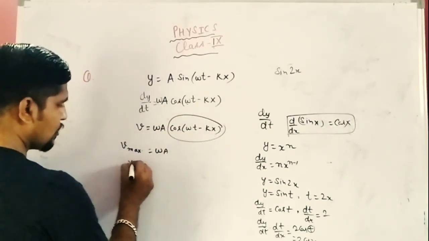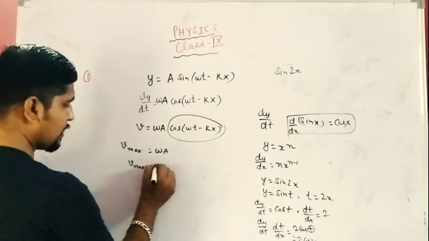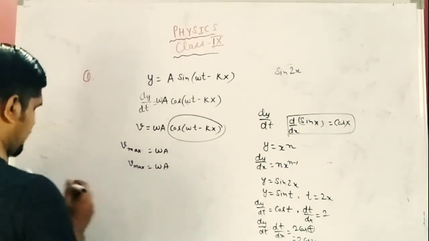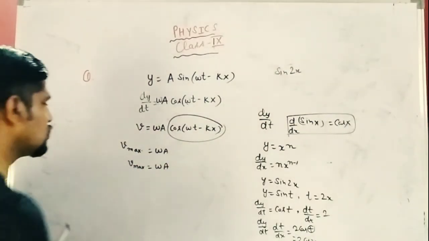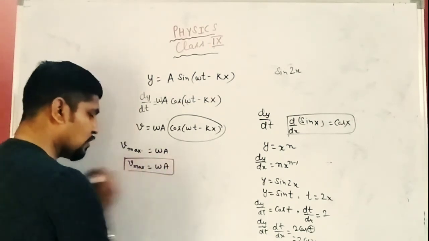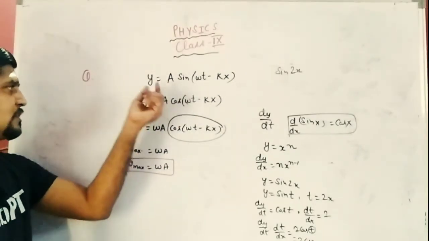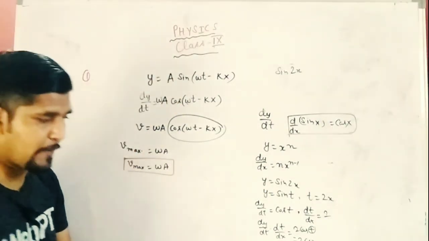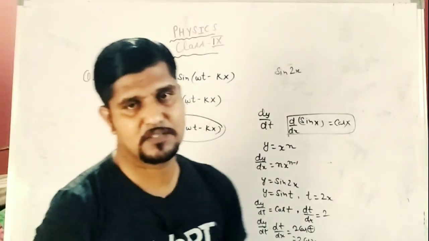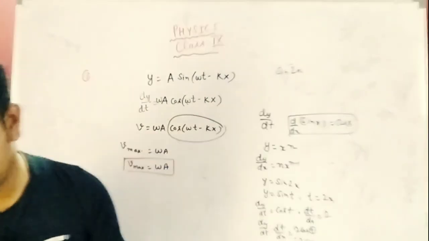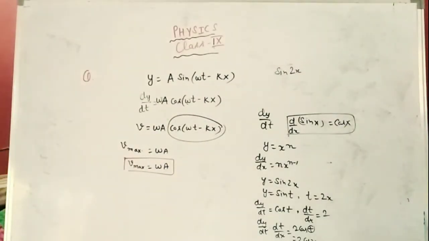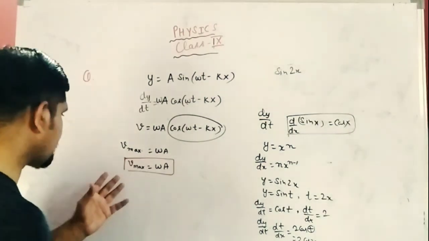It means V maximum will be equal to omega a. So this is the value of maximum velocity for the particle which has equation y is equal to a sin omega t minus kx.